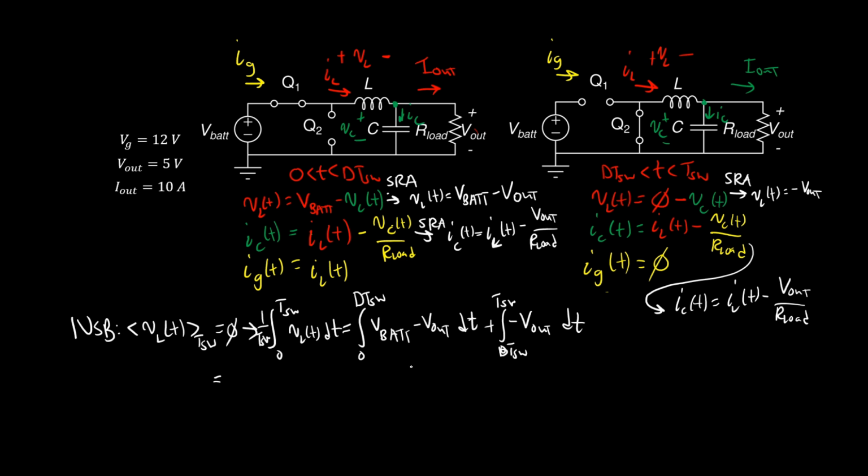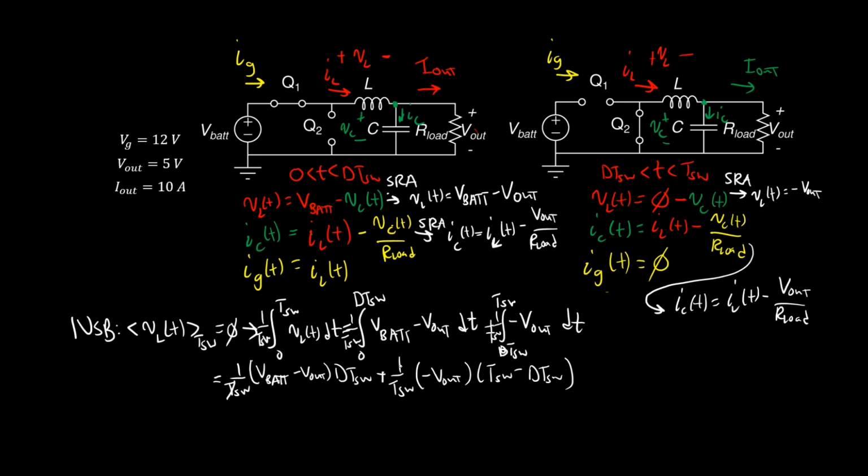So if we do these integrals, we get 1 over TSW times VBAT minus Vout, times dTSW, plus 1 over TSW times minus Vout, times TSW minus dTSW. Almost there.